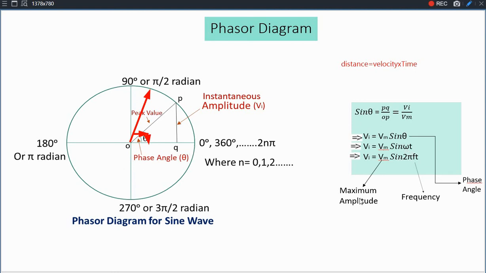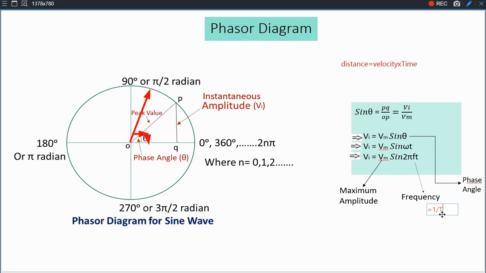Since you know that the frequency f is equal to 1 by time period, and one time period is for one cycle, meaning when the phase angle takes values from 0 to 360 degrees, one cycle is completed.